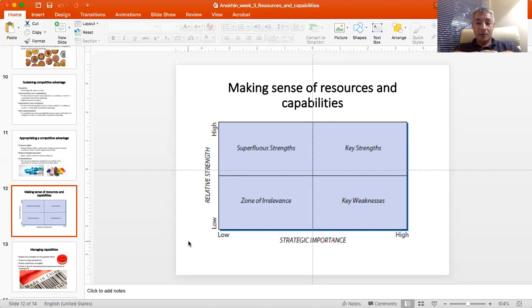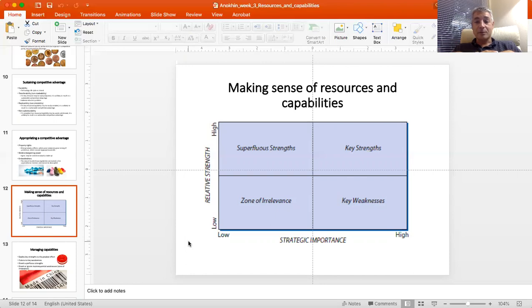Maybe there is a specific activity or capability that is essential, but you're just not on par with your competition. There could be superfluous strengths, so something where you're definitely better than your competitors, but it is not essential for the success of your business.